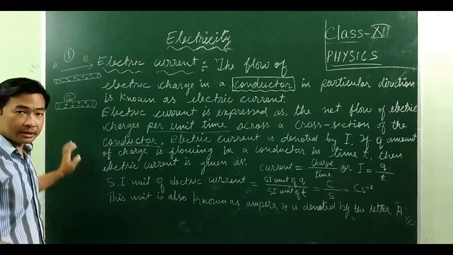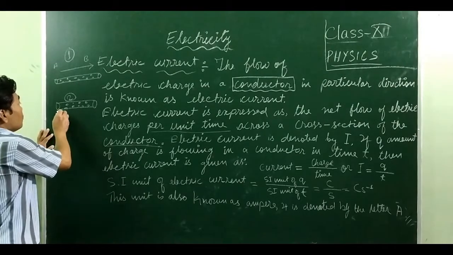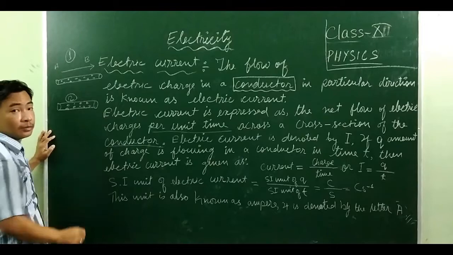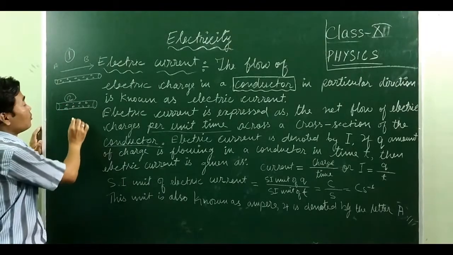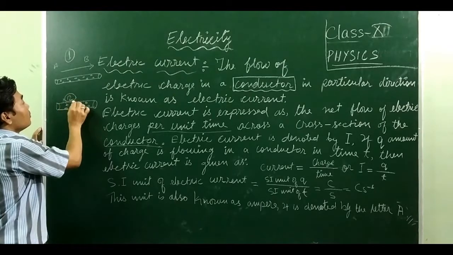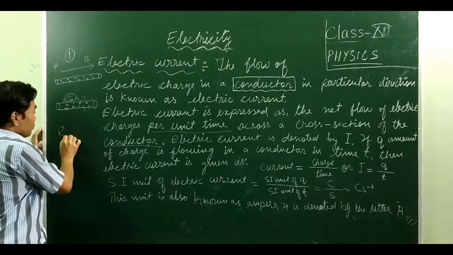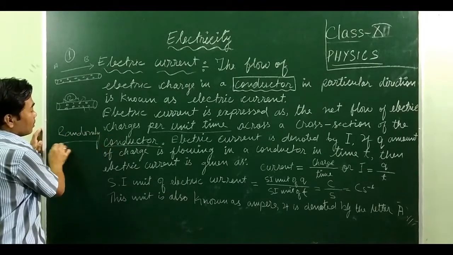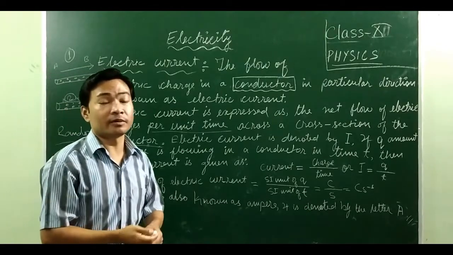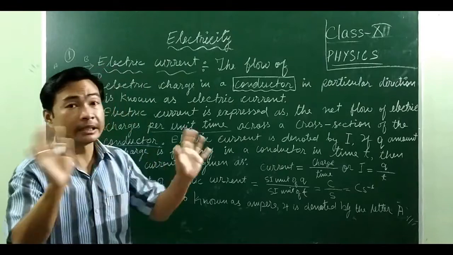So before the potential difference is created, all these electrons are free to move. They are moving in all possible directions, this side, that side, which means they are moving randomly in a metal. So if I keep a piece of wire on the table, there will be electrons moving in all possible directions randomly.